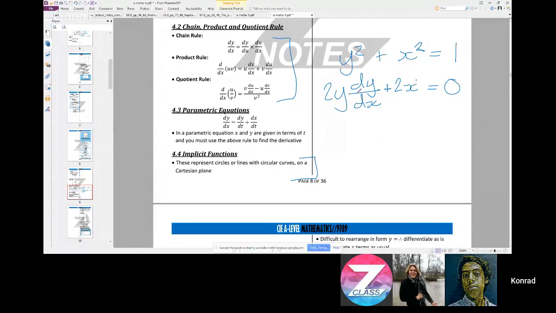You differentiate every term in the equation. Then all you need to do to find dy by dx is just rearrange your equation to make dy by dx the subject, right? You've been doing that sort of thing since GCSE. So in this case, it's going to be minus x over y, right? That's all you're doing there.